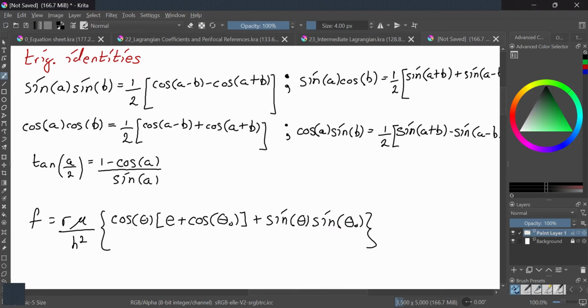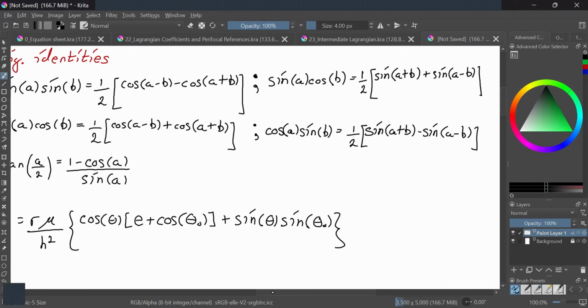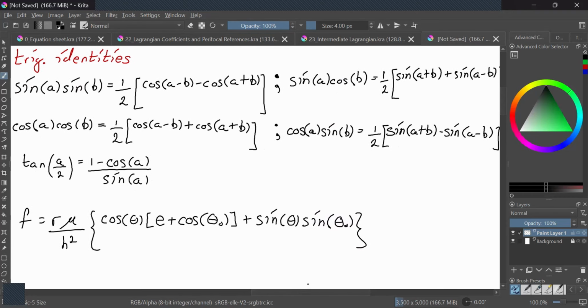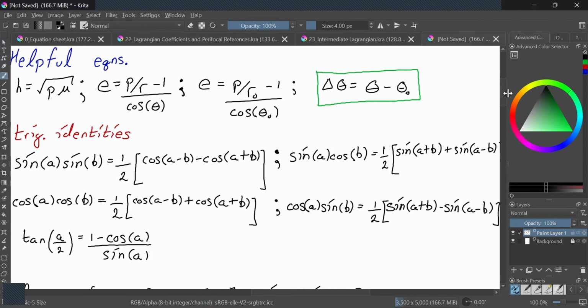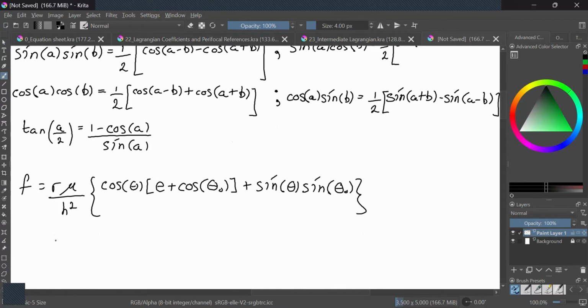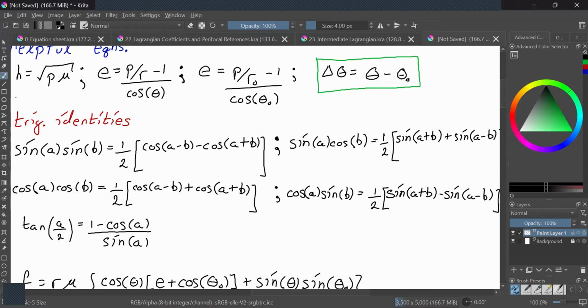So every one of these equations that I have written up here, between all 5 of the trig identities and these extra helpful equations up here, if we were to begin applying them, so we have R, we have mu, then H comes from the parameter equation.